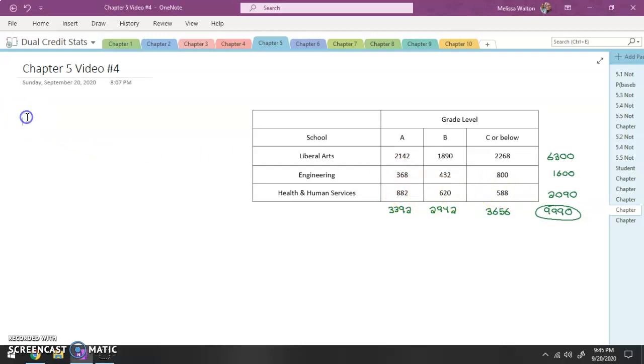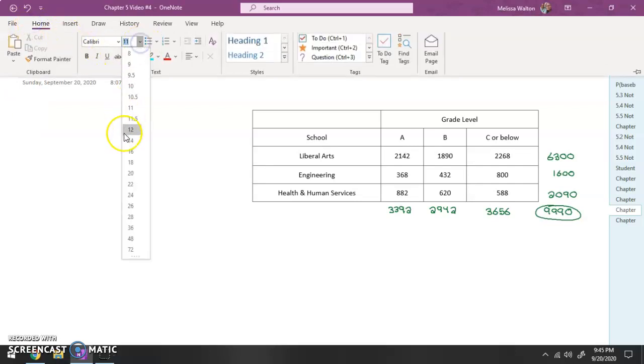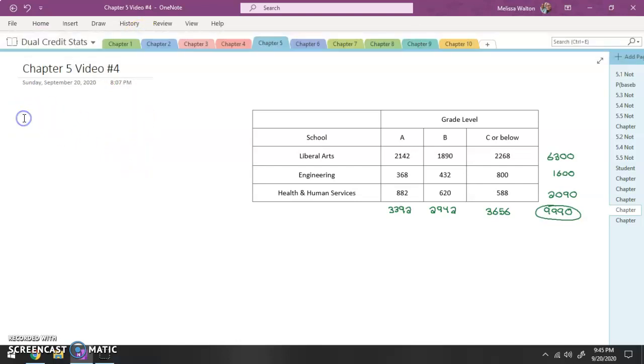So let's go ahead and calculate a few separate probabilities here, and I'm going to introduce you to a new notation. Let's say that I want to calculate the overall probability of getting an A. Looking at this, we have the total number of A's. I went ahead and added that up. Total number of A's is 3,392, and that is out of my 9,990 courses.